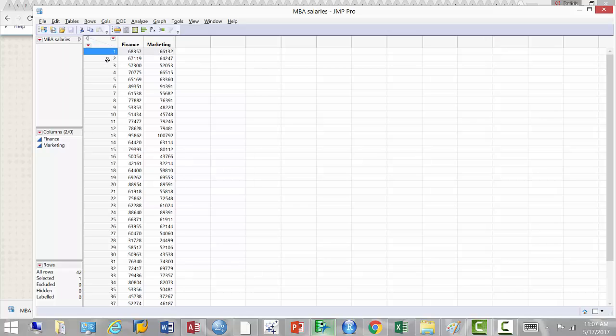The second line represents just another group. And look at that, I still have the same kind of relation going on. The finance person gets slightly more money than the marketing person, 67,119 versus 64,242. And again, what's common between these two people is they have very close GPA.